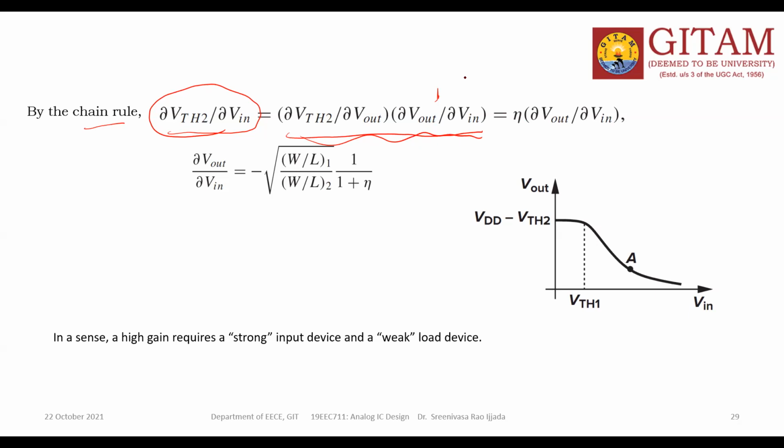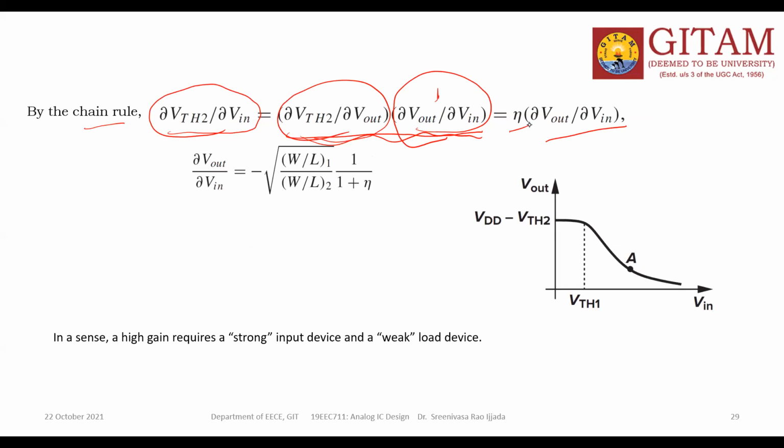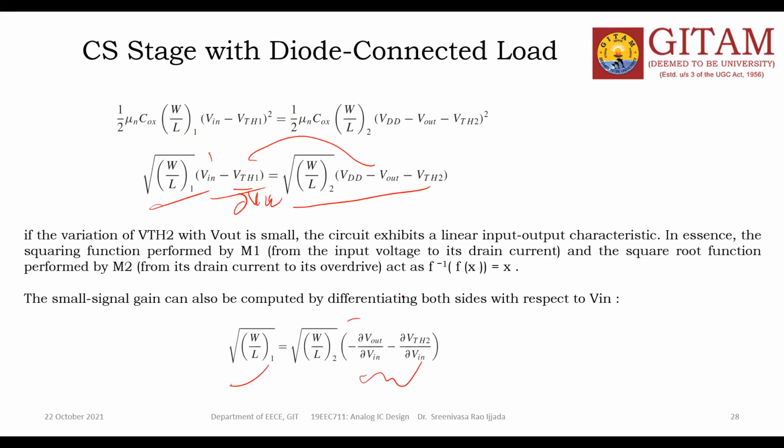Keep this as it is, and assume this as eta. Then substitute this in the previous equation, in this place.